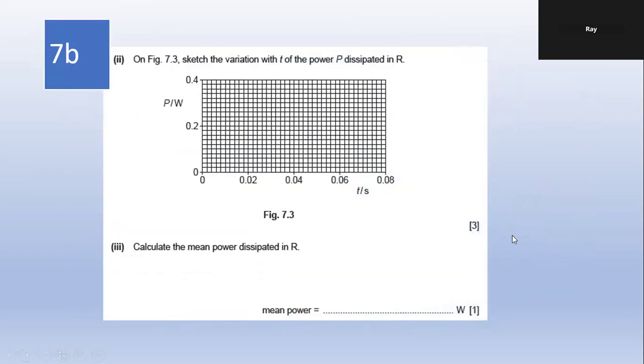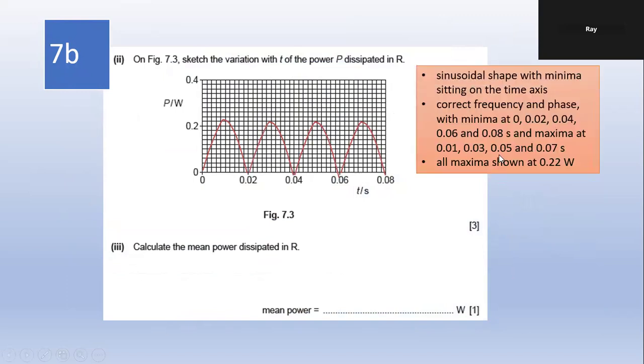On figure 7.3, sketch a variation with time of the power dissipated in R. Right? Very popular. Every paper has to sketch a graph like that. Okay, what are they looking for?